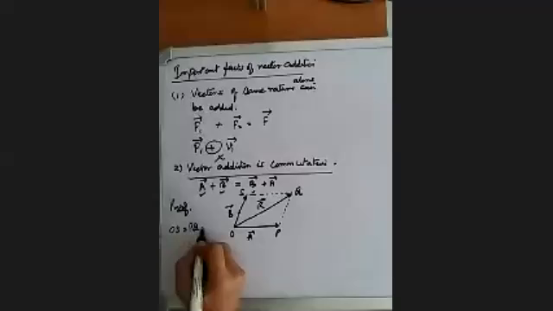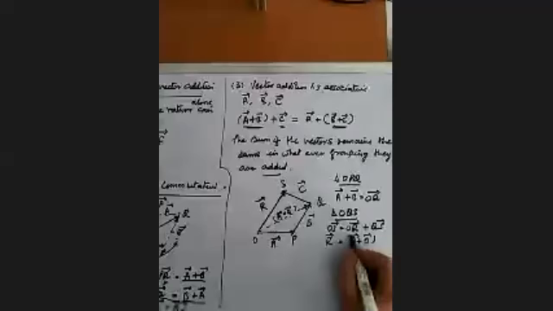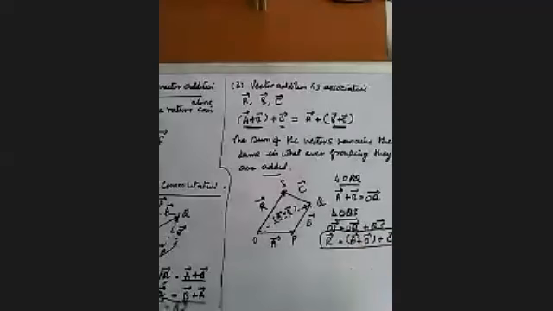So I'll write down once again here. OS vector, that is R vector, is equal to OQ vector plus QS vector. And OQ is A vector plus B vector and QS is C vector. So that is the resultant of the three vectors.